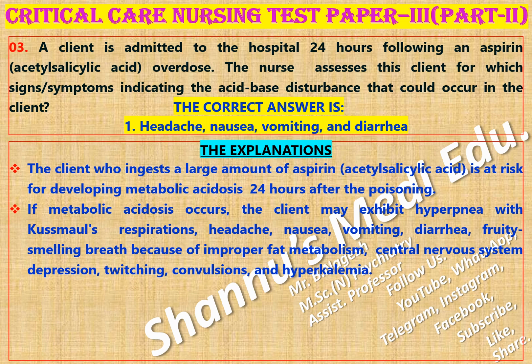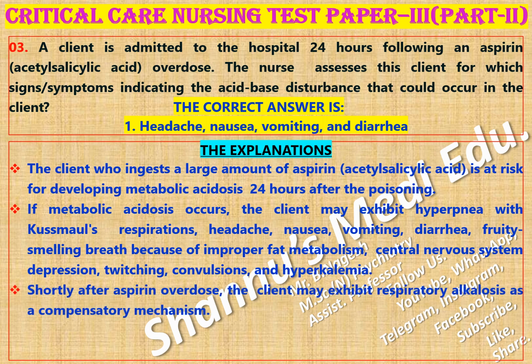If metabolic acidosis occurs, the client may exhibit hypopnea and hyperpnea with Kussmaul respiration, headache, nausea, vomiting and diarrhea, fruity-smelling breath because of improper fat metabolism, central nervous system depression, twitching, convulsion and hyperkalemia.